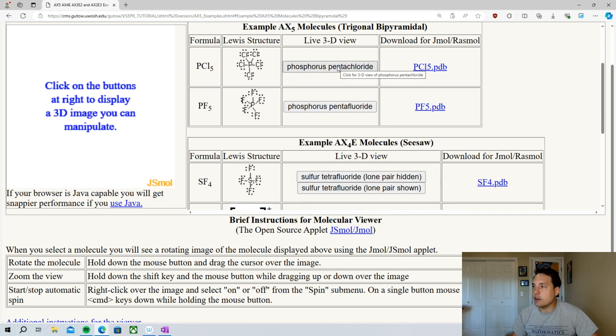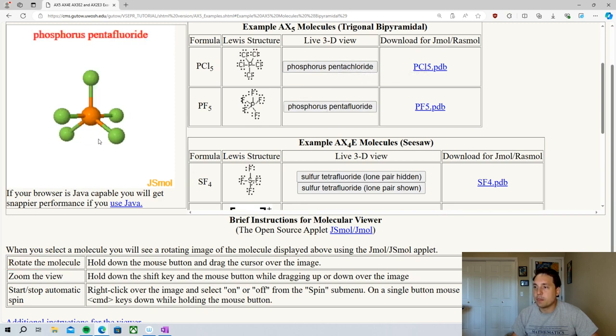So if we take a look at the simplest example, phosphorus pentafluoride, we'll see that they don't arrange themselves in one plane around the central atom, but instead there are two atoms that are in a line, and then there's a plane perpendicular to that.